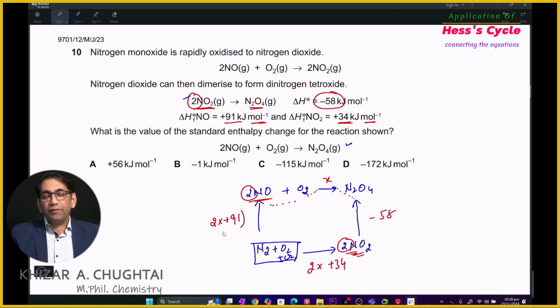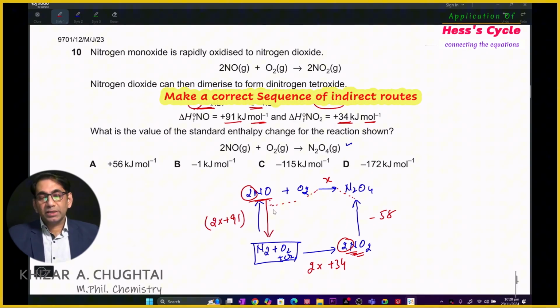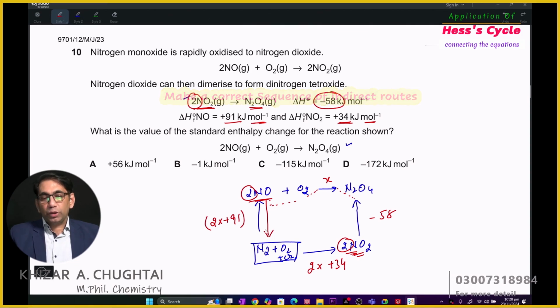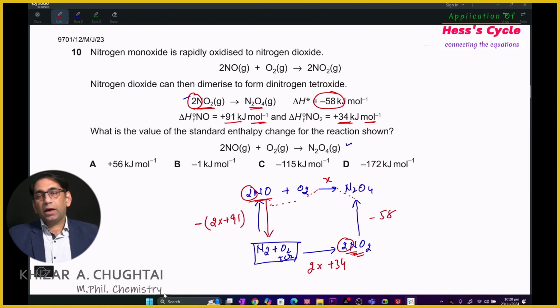So we will have to flip this vector to meet tail with tail, and the sequence is also correct. What is the sequence? Tail head, tail head, tail head. So now this has become the indirect route and this has become the direct route. And now we will have to change the sign of this magnitude as well. If the vector is flipped, its magnitude is also flipped.